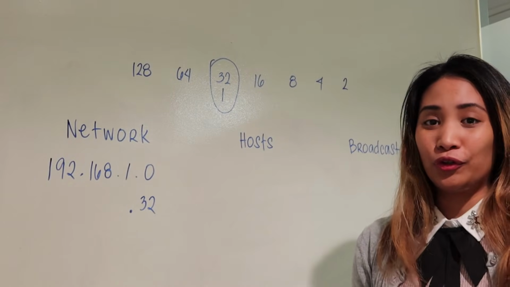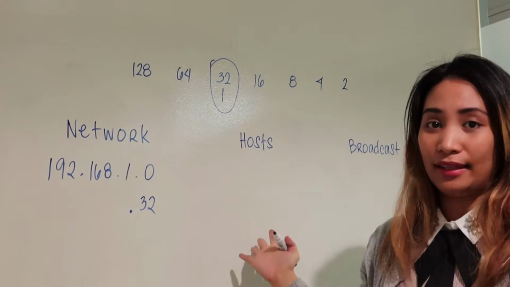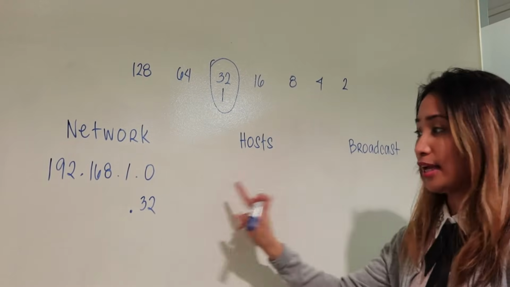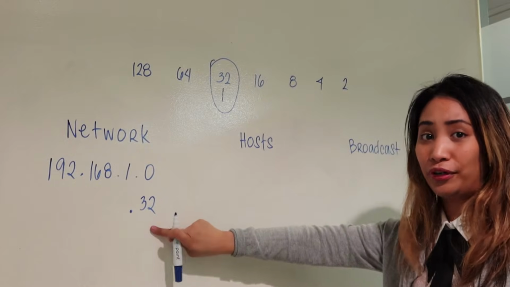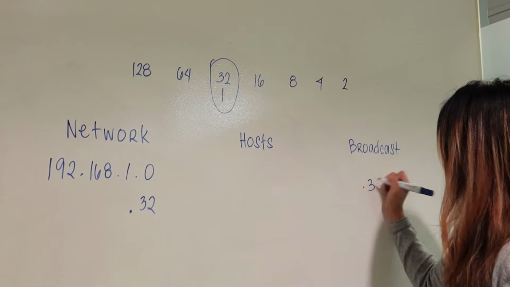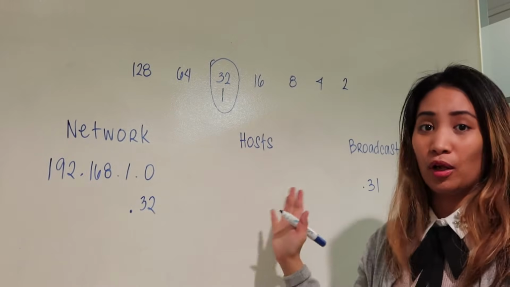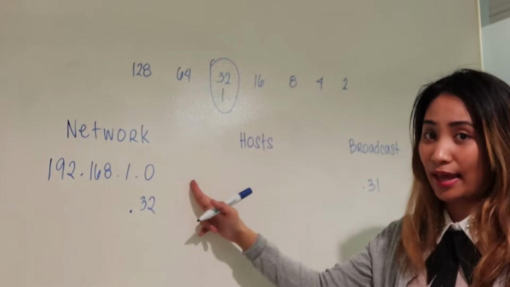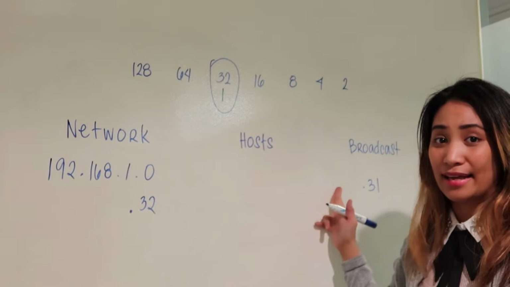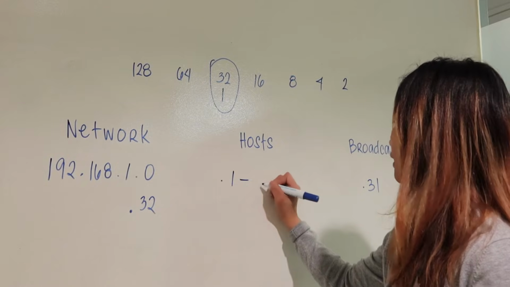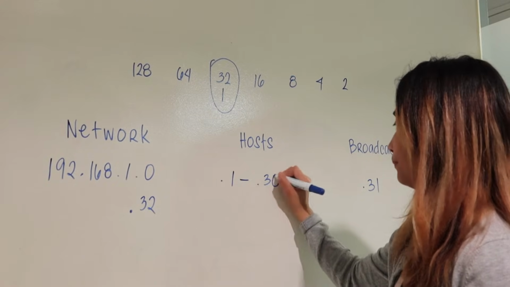And now you know the rest and how to complete this network address. The broadcast address for this network would be the number before 32, and that is .31. For the usable hosts, that's just the number after the network address and the number before the broadcast address, which is .1 until .30.